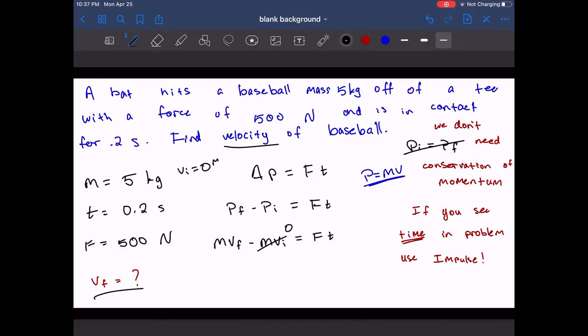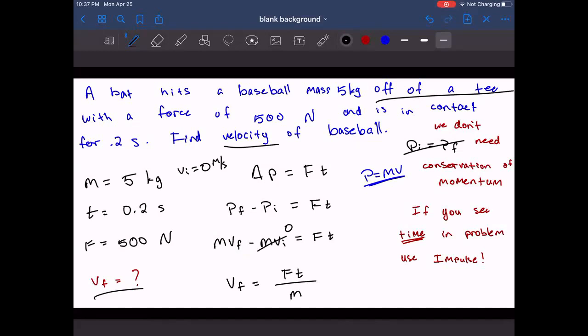Oh, okay. It's sitting, the keywords, it's sitting on a tee, but usually you might see where VI is not 0, but this is the standard. So then you just, yes.